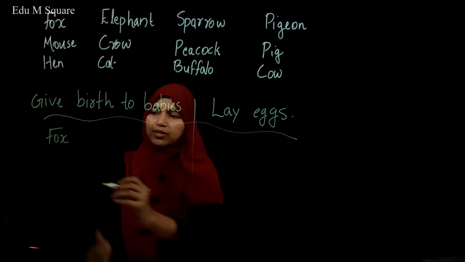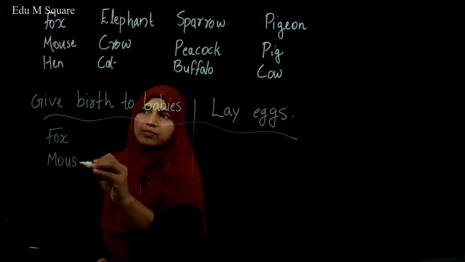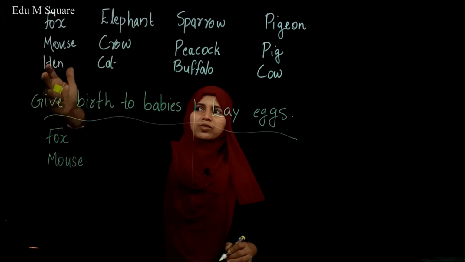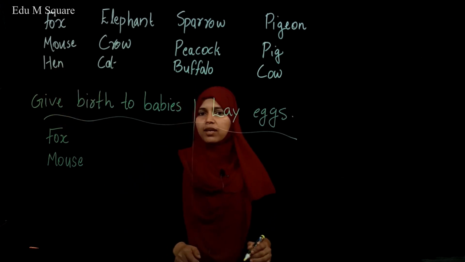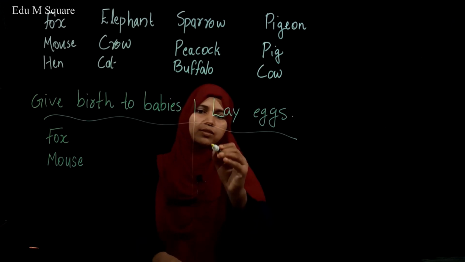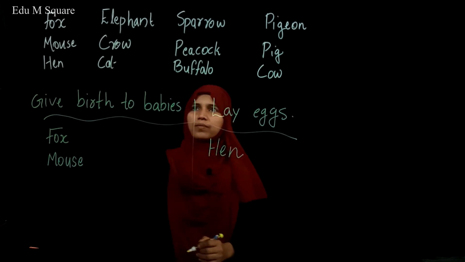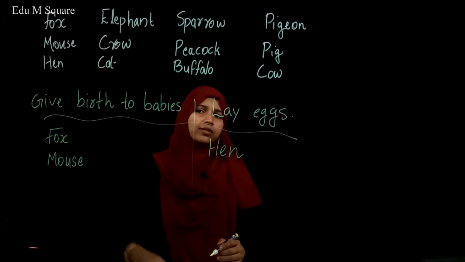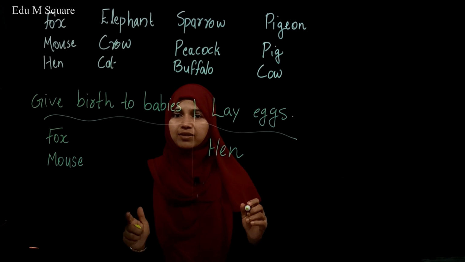The mouse gives birth to its babies. Yes, we have seen the hen, haven't we? The hen lays eggs, doesn't it? So it comes under this group. What about the elephant? Have you seen an elephant egg?